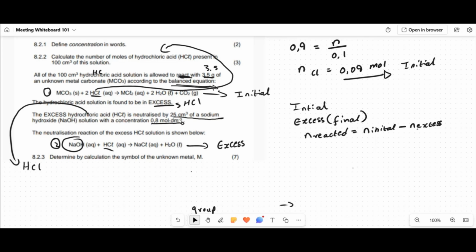Now, let's see for the second reaction, before we come to answer this question, let's first analyze whether we can get to this point. Because now we have the initial number of moles.